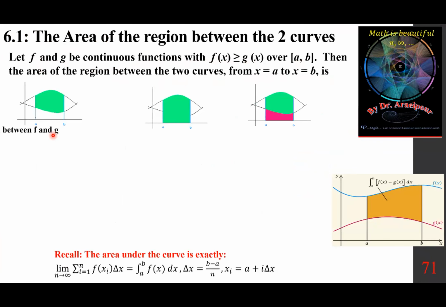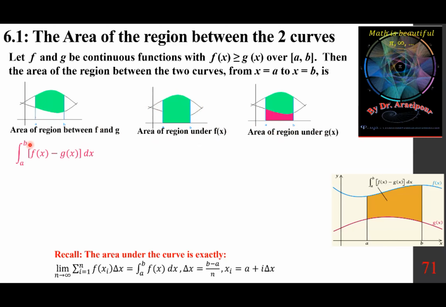Take a look. This is the area between f and g. This is the area under the f function. This is the f function. F is larger than g, that means it's above it. This is the area under g, the red one, and this is between the two.